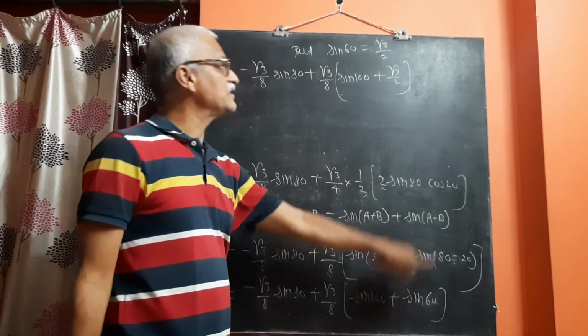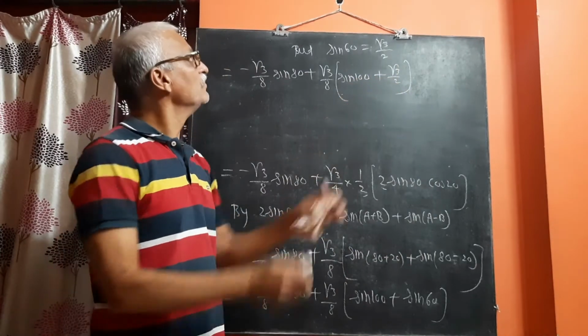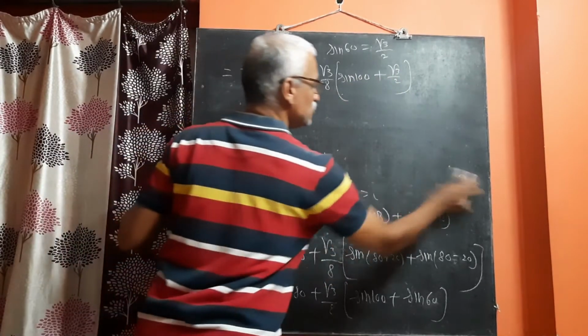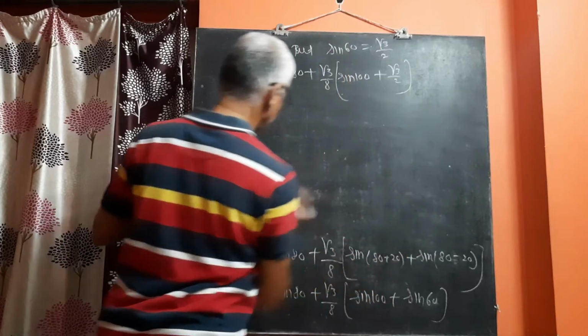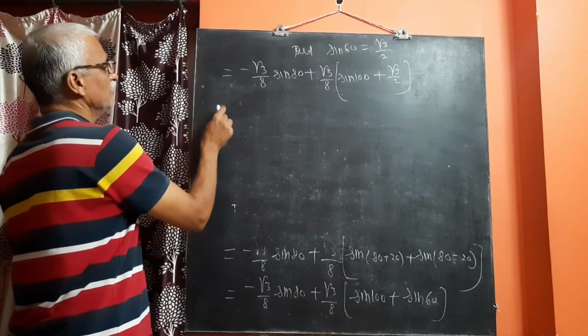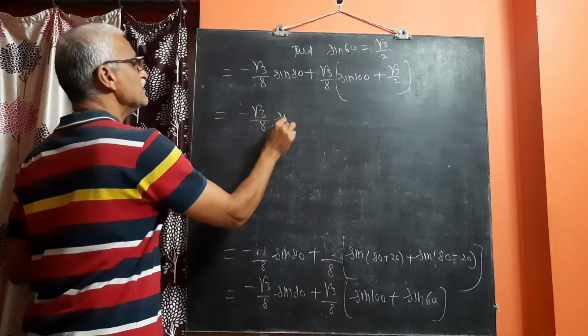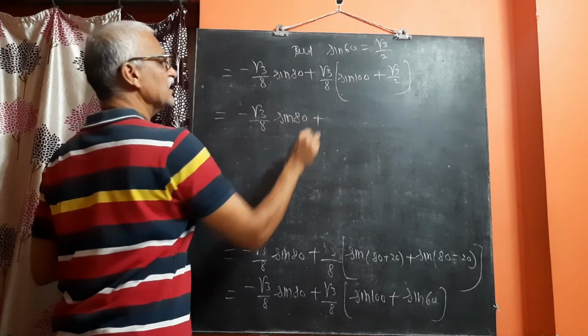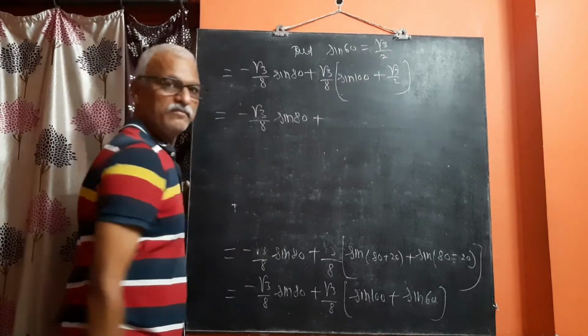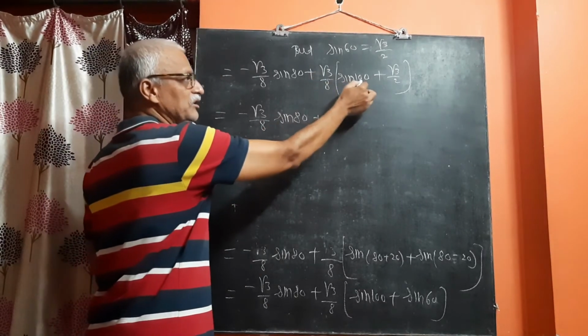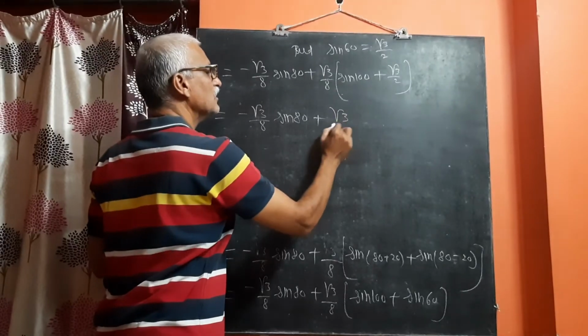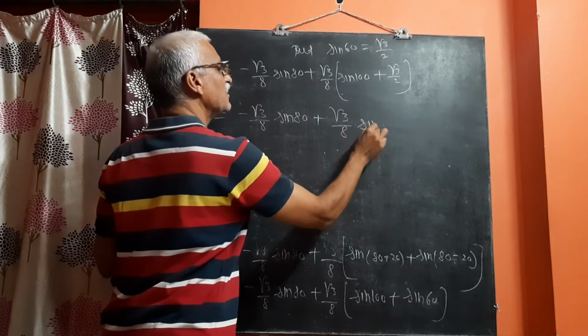Substituting the value of sin 60 as root 3 by 2, it equals minus root 3 by 8 sin 80 plus, now simplify the bracket, root 3 by 8 into this term, that will be root 3 by 8 into sin 100.